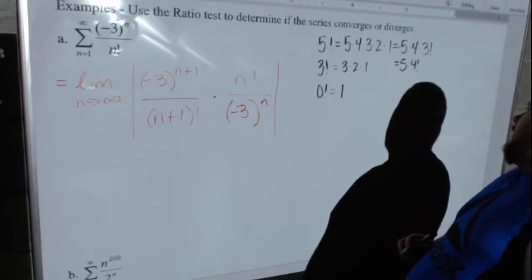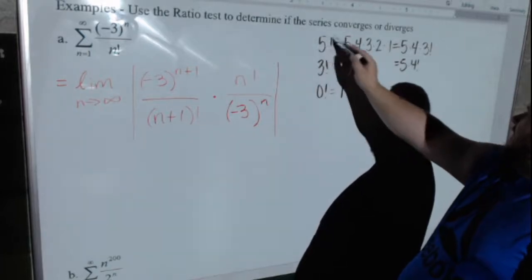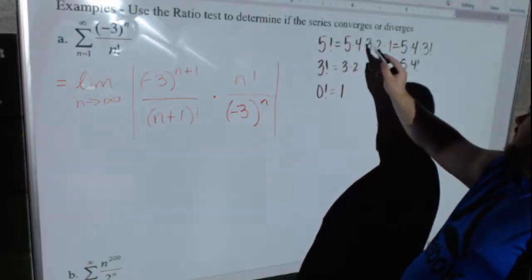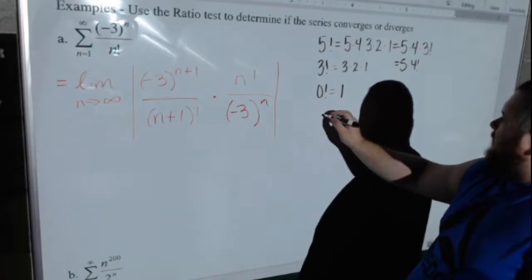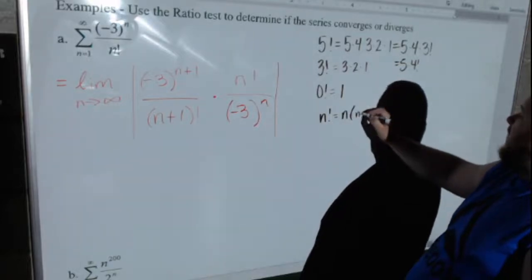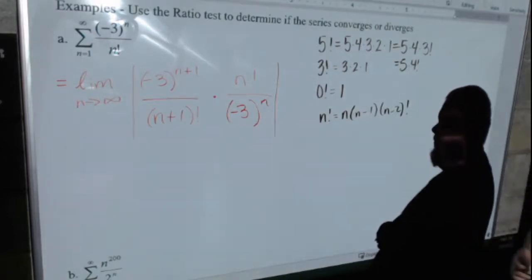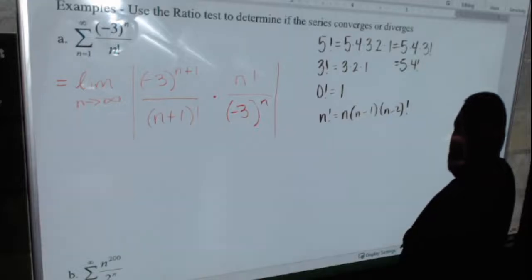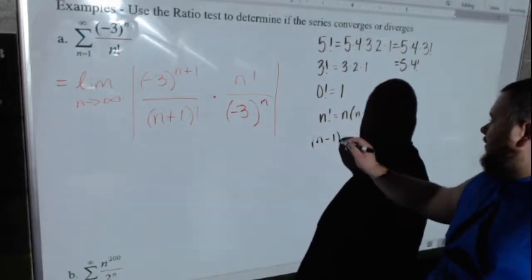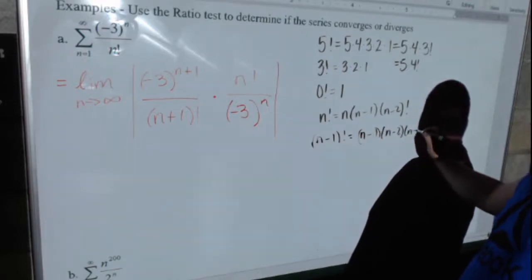And then another thing I wanted you to notice is, if you have 5 factorial, this is 5 times the next number, which is this number minus 1, then that number minus 2. So, for instance, if we had n factorial, that's n times n minus 1 times n minus 2, and so on. We could stop and just call that factorial. If we had n minus 1 to start with, that would be n minus 1 times n minus 2 times n minus 3, and so on.